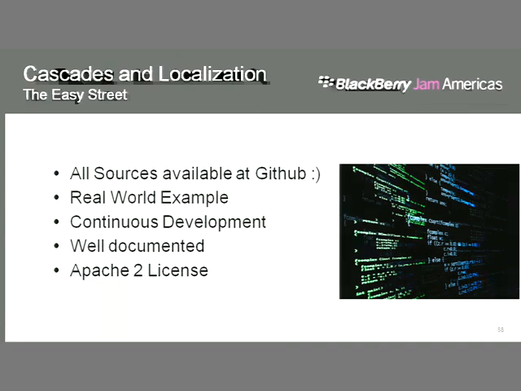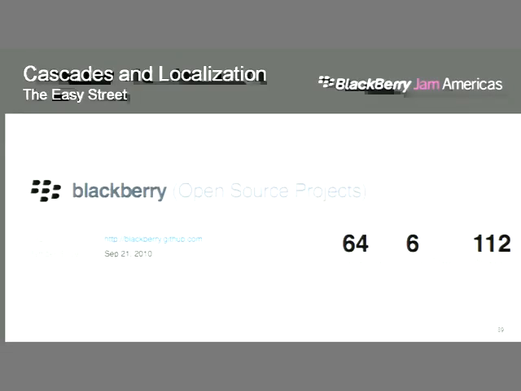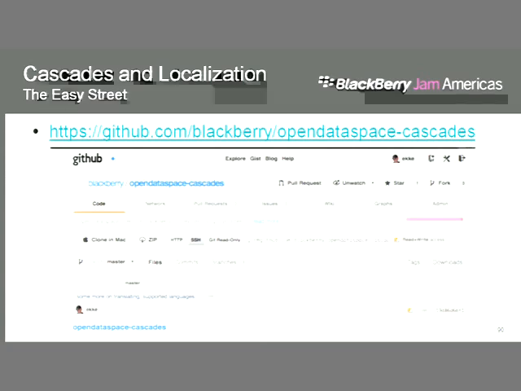It's the Open Data Space project. We are at BlackBerry GitHub, and here's the link, open data space, Cascades. This is a client for a Dropbox-like cloud service, and gives all you developers the possibility to include cloud services in your applications.